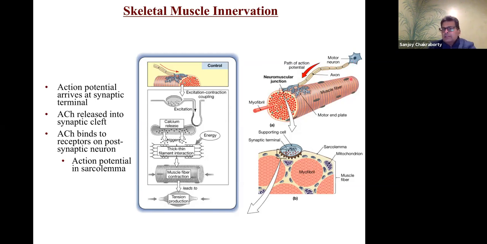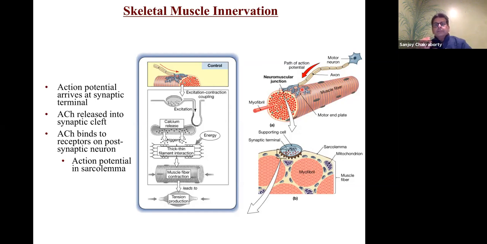This is the skeletal muscle fiber. Only when the neuron sends the signal to the skeletal muscle can the muscle work. That is very important. A skeletal muscle cell is not going to work at all if it does not receive the signal from the central nervous system.